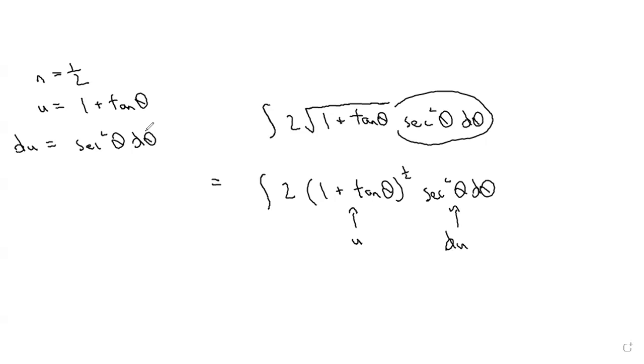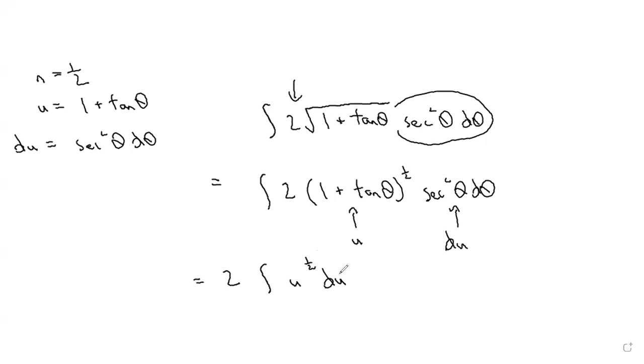I like to remove it from the integral, write it on the outside, and deal with it at the end of the question. So this is going to be 2 integral, and then let's write this in terms of u. So we got u to the 1/2, and we got du. When you write it in terms of u, it really doesn't look too bad.